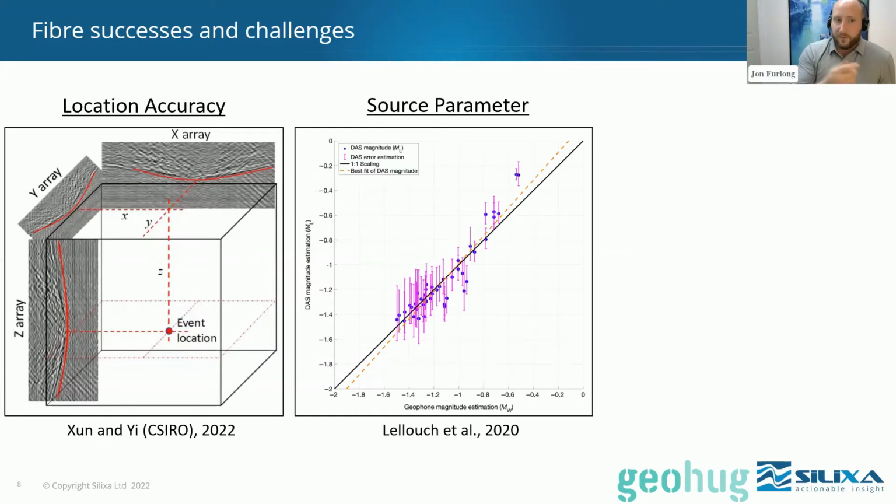This work was done a few years ago, and we're doing some good work now too to show that the relationship between geophone magnitudes and DAS magnitudes is quite close. It's mostly that spectral plateau, and once you get your Brune magnitude fit, all of the apparent stresses, static stress drops, total radiated seismic energy, corner frequencies, and source radius and things like that all fall into place. So that's very close. We're hoping to have some solid source parameter calculations soon.